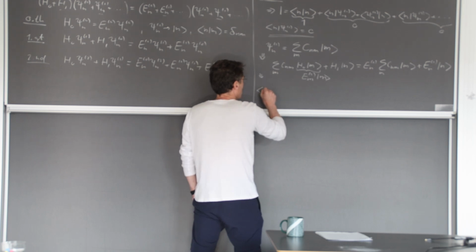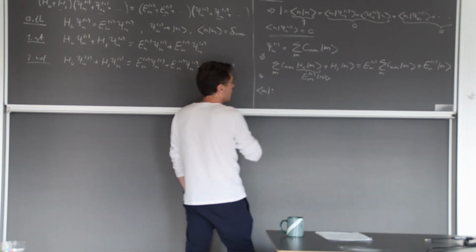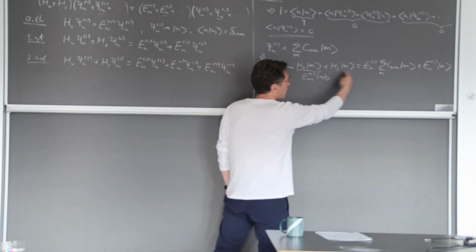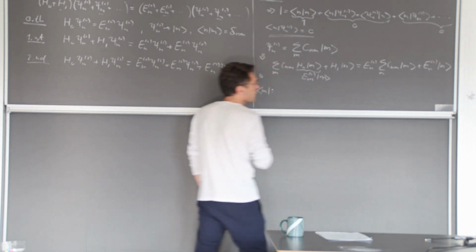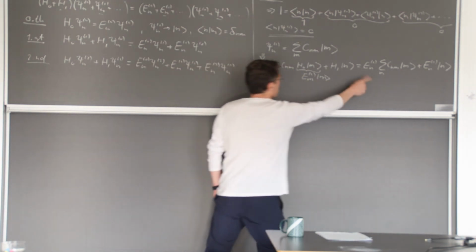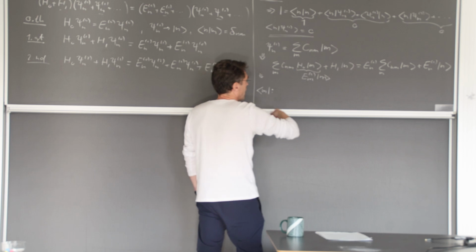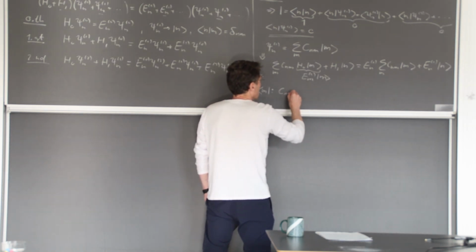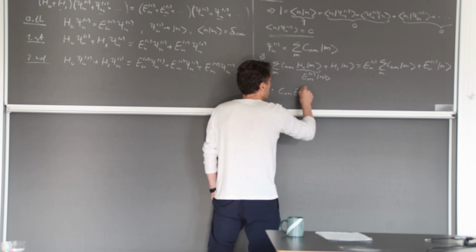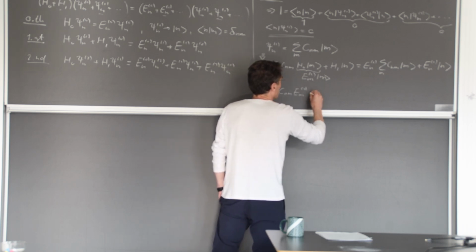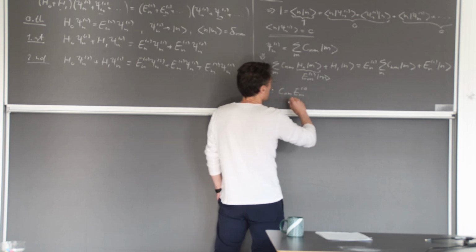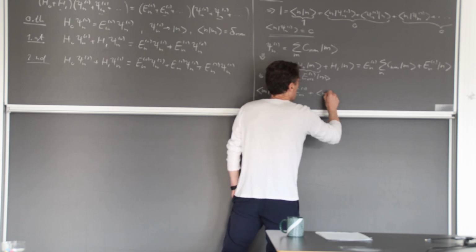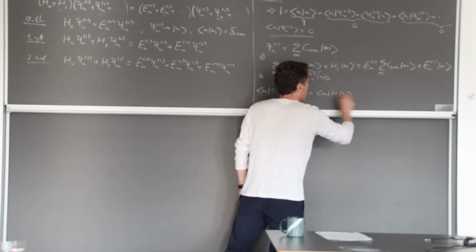So you can imagine if I just take an arbitrary m bra and apply from the left, then I will just pick out one term in each of these sums here. So in the first one I get c_n^m E_m^0, and then here I get m H1 n.